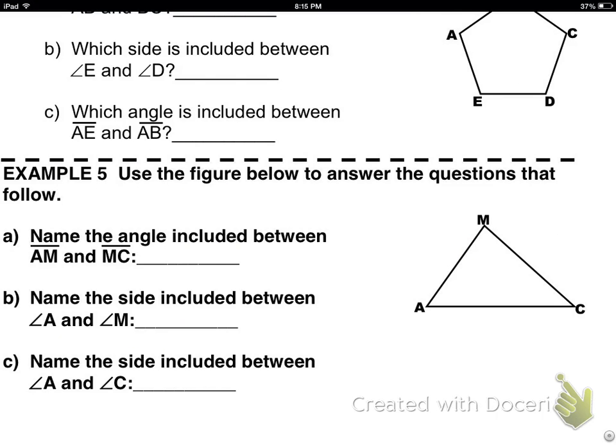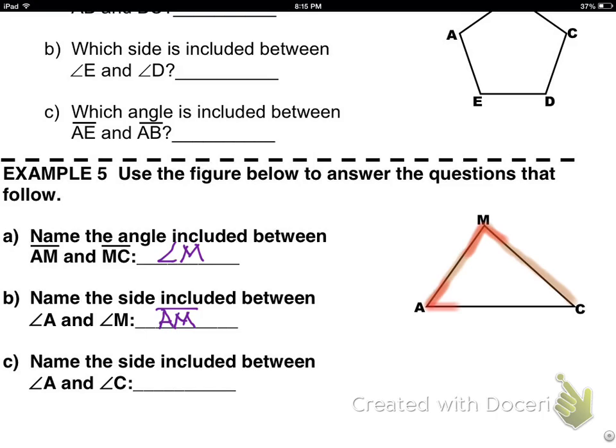So looking at this triangle AMC, we can name the angle that's included between AM and MC. It's angle M. And we can name the side that is included between angle A and angle M. It is the side AM.